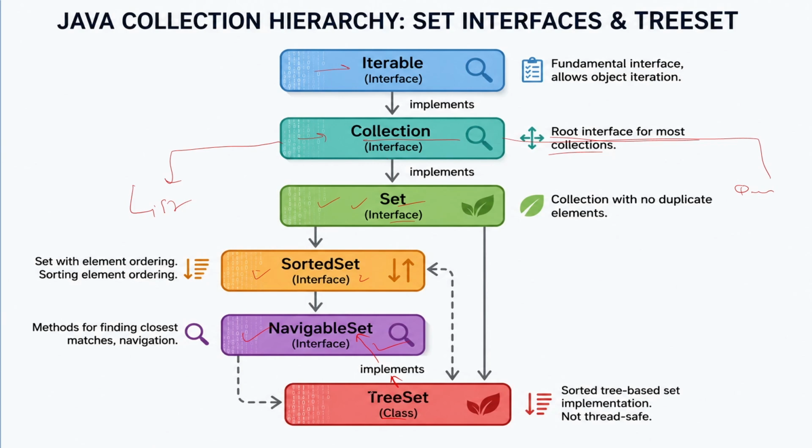So the hierarchy should be clear in mind. We already know the Set interface has three implementation classes, but TreeSet implements NavigableSet, which is the child interface of SortedSet. By name it is clear that it will sort the elements.